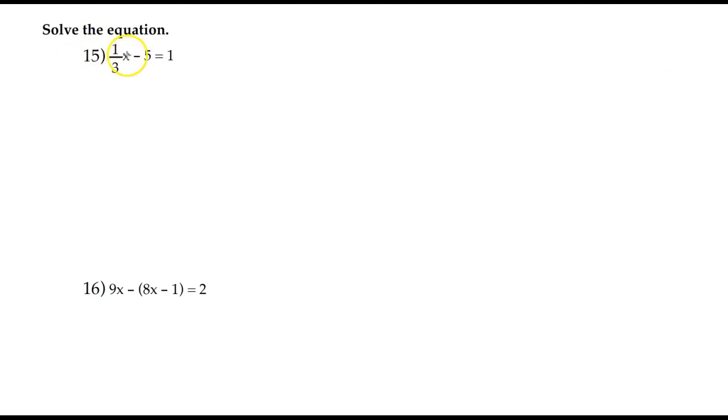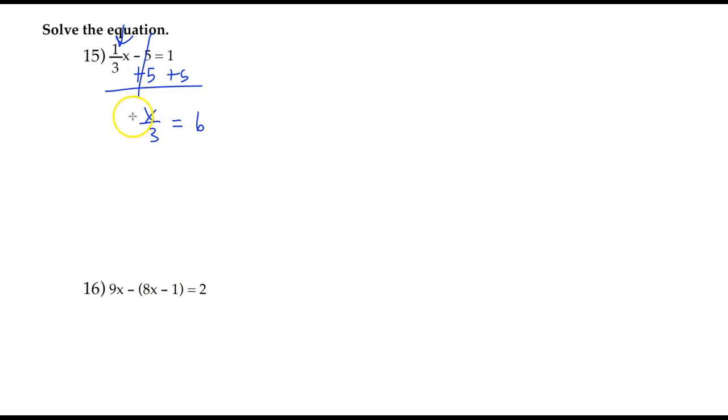So for this one, we want to get x by itself here. What we can do first off is just add 5 to both sides, because we need to get this term by itself, which means we need to get rid of that one. So that cancels to 0, and 1/3 x is the same as x over 3 equals 1 plus 5 is 6. From here, we need to get x by itself. It is being divided by 3.